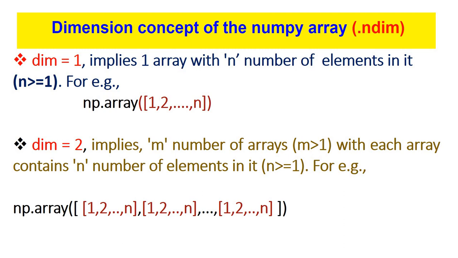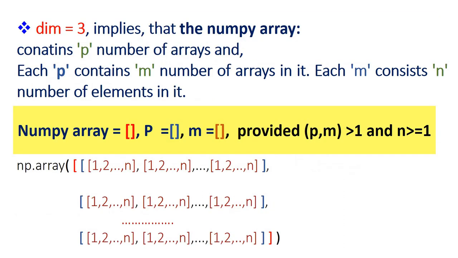For example, if you write np.array, then 1, 2, up to n, then again one more array, then another set of samples. If you go on writing like this, then you can create arrays with 2 dimensions. Dimension equal to 3 implies that the numpy array contains p number of arrays, and each of the p contains m number of arrays in it.